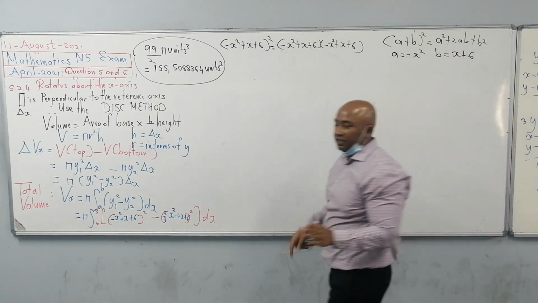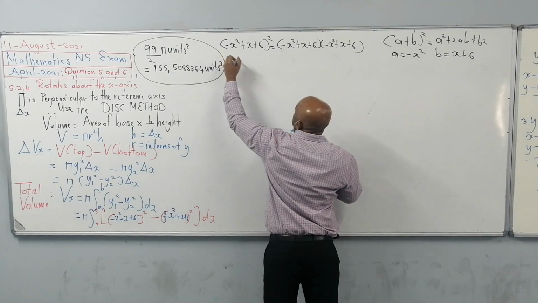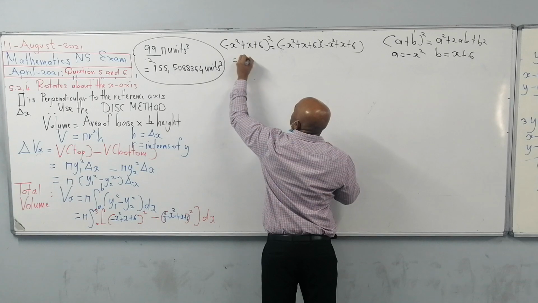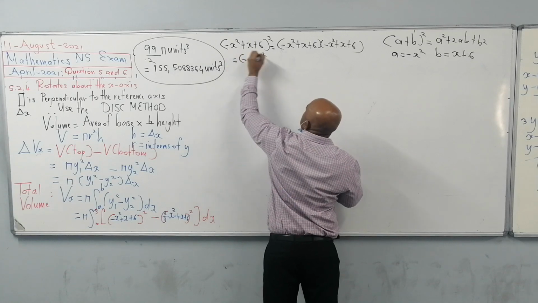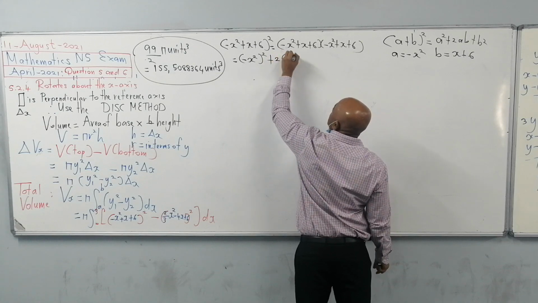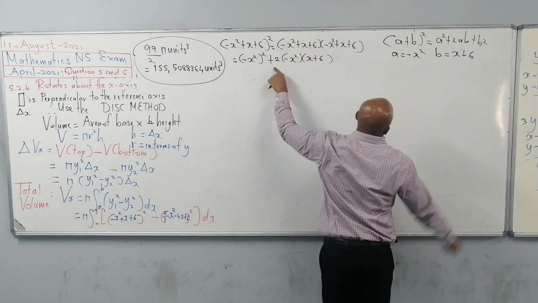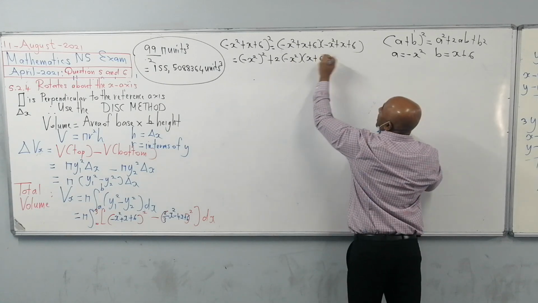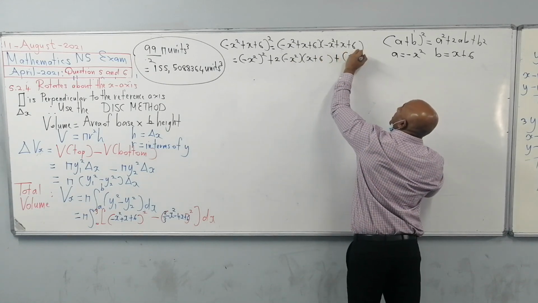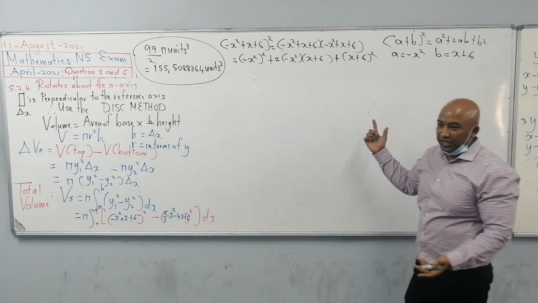Alright, so if I go a squared, I'm going to go minus x squared all squared plus 2 times a times b, 2 times minus x squared times x plus 6, so that's plus 2ab, and then plus x plus 6 all squared. It might take long, it depends on if you can do this quickly.